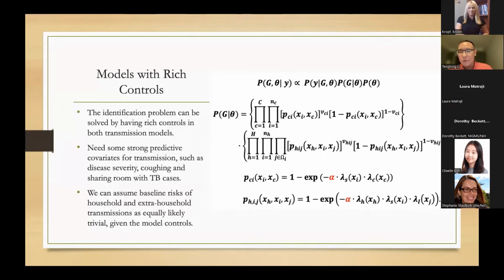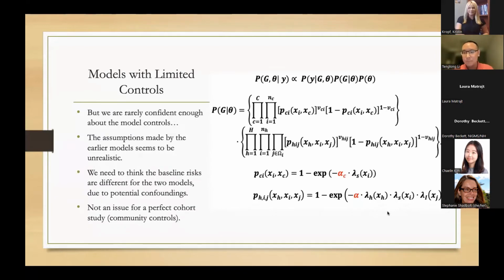Here is really important. We point out that the alpha, which we highlighted in red, refers to baseline risk. Here we assume the baseline parameter in the household and in the community transmission model is the same, mainly because you include enough powerful controls that this assumption becomes plausible. But more often in a TB household contact study, you don't have powerful controls.